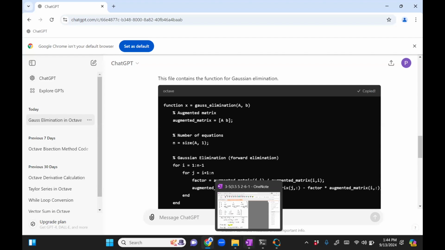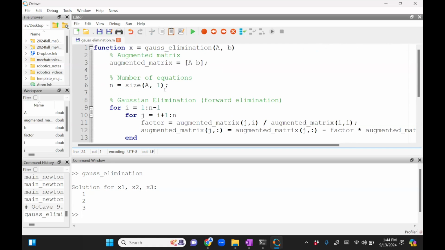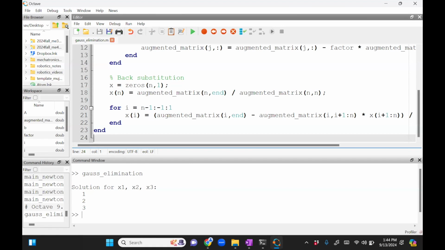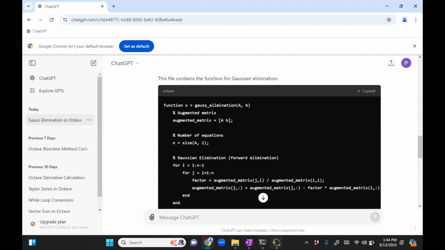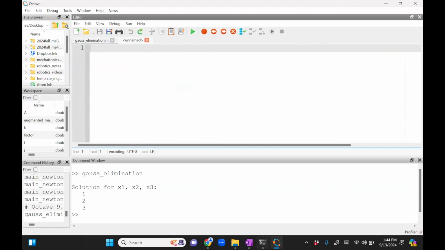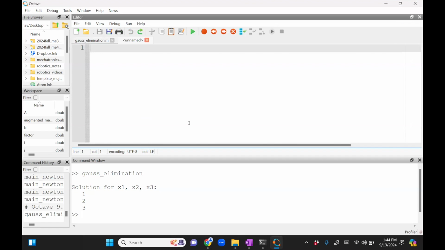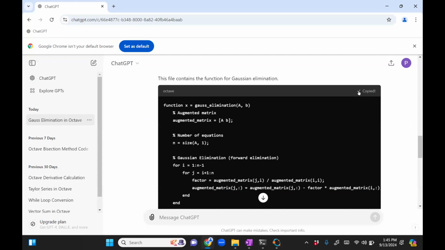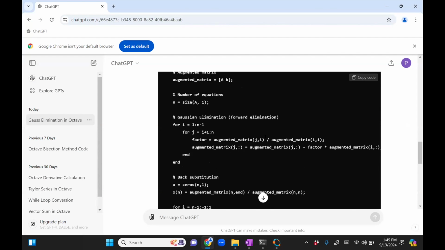So copy code. It's saved and then new. It did not copy. See, it's copied now. Oh, I'm copying the wrong one. My bad.